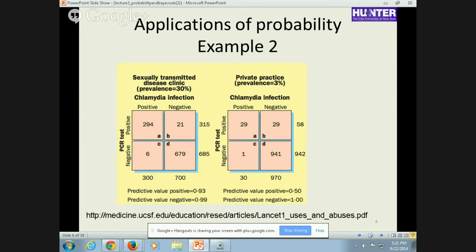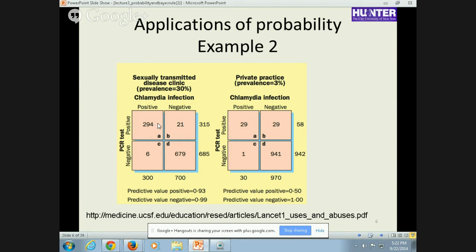Yeah, so these are the people who really have chlamydia. 294 of them get a positive result, 21 get a negative result. Wait, sorry. These are the people who really have chlamydia. This row, these are the people who get a positive test.